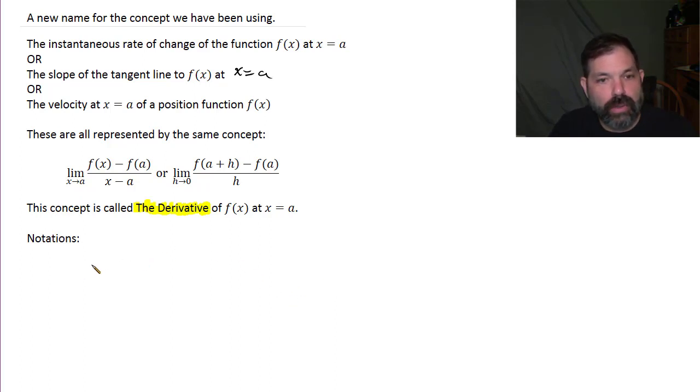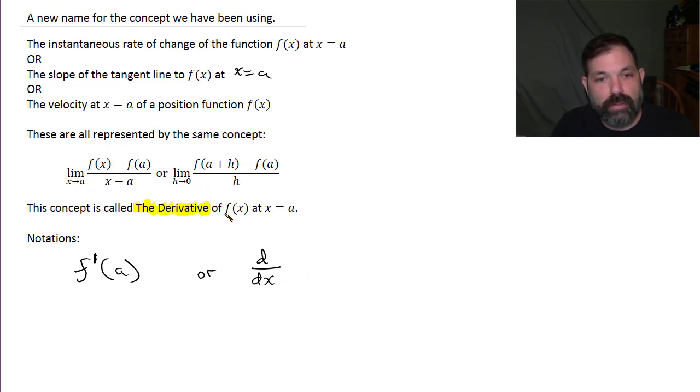Notation. For the derivative notation, there's a couple of different common notations. One is called the prime notation. So the derivative of f of x at x equals a, I could write f prime of a. We put an apostrophe symbol next to the f. Another notation we can use is the d notation. So d by dx is a general representation of a derivative with respect to x.